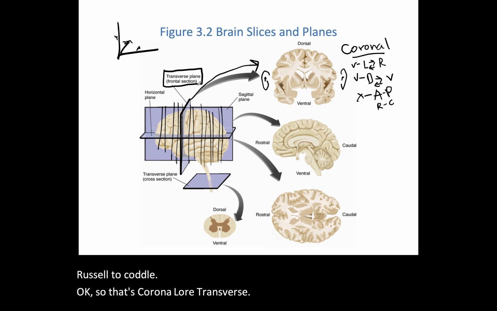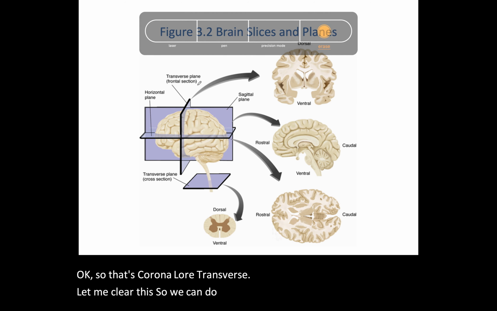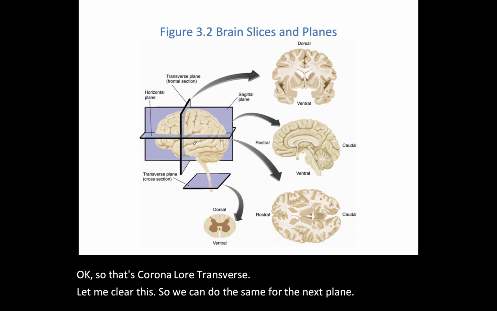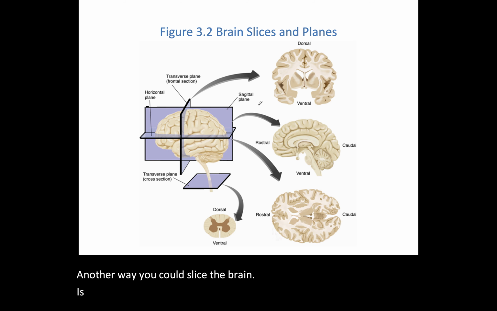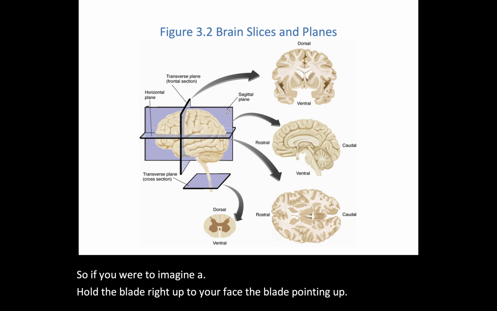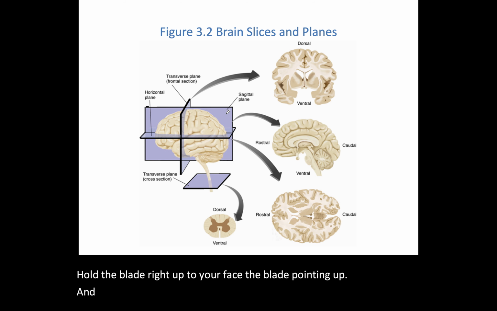Let me clear this so we can do the same for the next plane. Another way you could slice the brain is along the long axis. So if you were to imagine a blade, hold the blade right up to your face, the blade pointing up, and the handle of the blade around your chin.